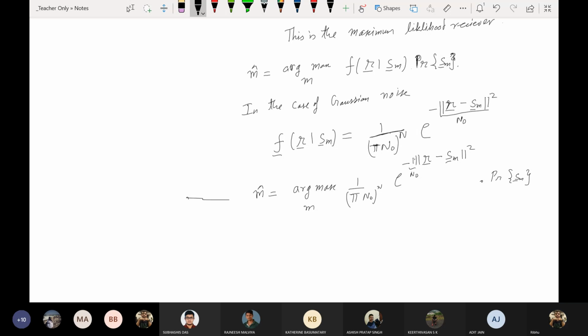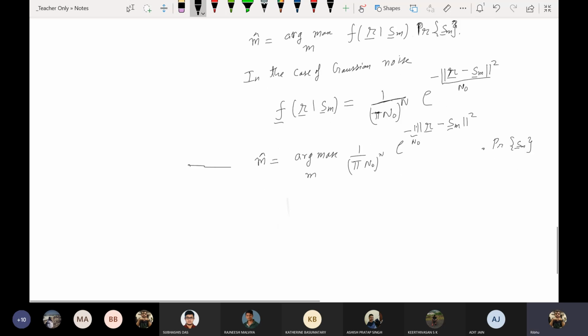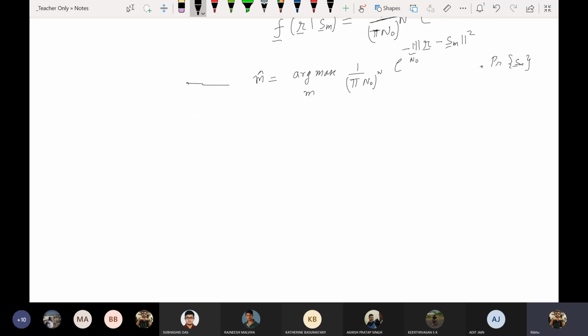Now, the log function is a monotonically increasing function. Log of x is monotonically increasing for non-negative x at least.